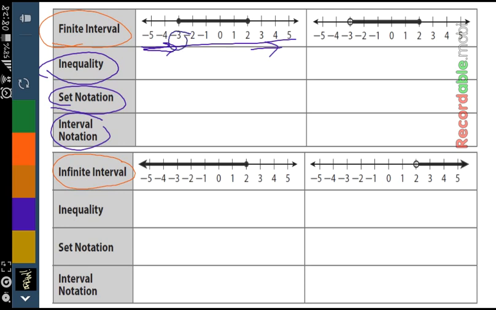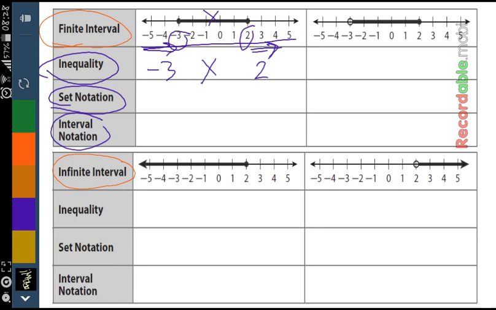This is the starting point for this interval. And as we go to the right, we find that the ending point is 2, because this is the point at which the bold line ends, and x is located between -3 and 2. X can have no values less than -3, and it can also have no values greater than 2.